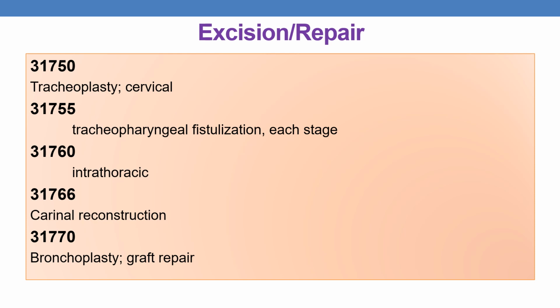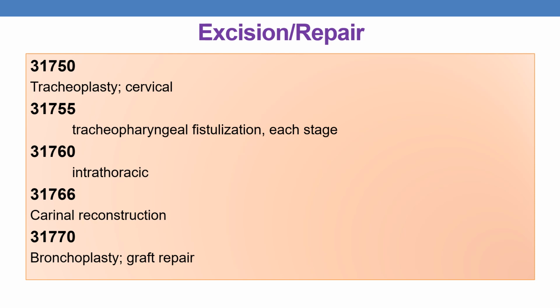Next, coming to excision or repair, the first CPT is 31750. It deals with tracheoplasty cervical. The next is 31755. It deals with tracheoplasty, tracheopharyngeal fistulization each stage. The next is 31760. It deals with tracheoplasty intrathoracic.